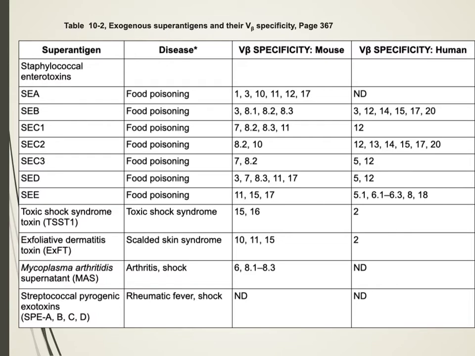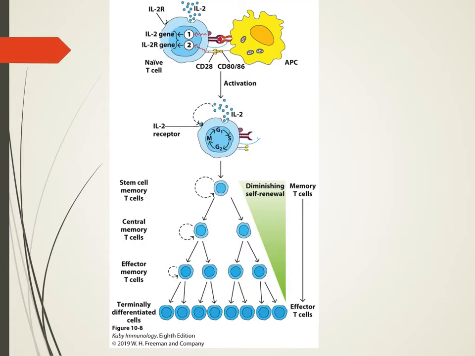So you get this hyperactivation of the immune system. The reason is that normally you would have that co-stimulatory signal requirement, which would help to regulate the response and the activation of the T cell, but that's been bypassed by these superantigens.